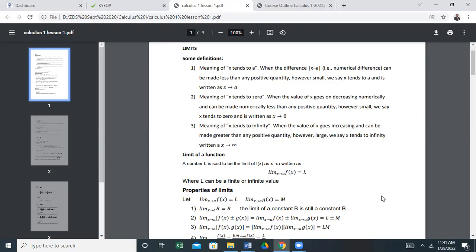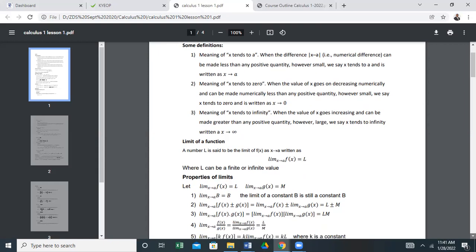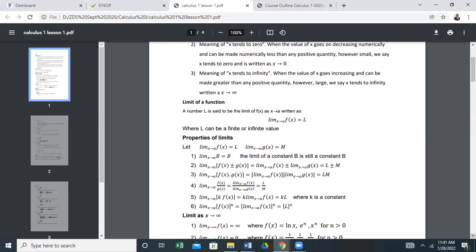Now we do have different properties that help us arrive at this. For example, I have the first one. When I talk of the limit of x tending to A, I'm talking of the numerical aspect of x and the A. So one is approaching the other.